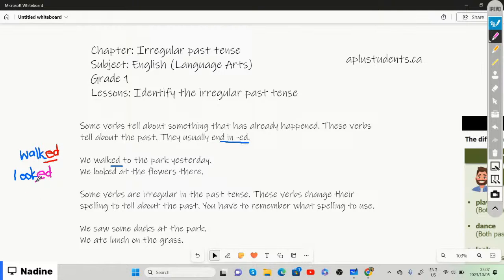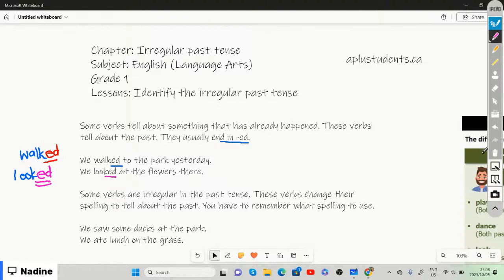So we add an ed. That is with regular verbs. We said some verbs tell us about something that has happened already, and these verbs just tell us about the past. So they end in ed.